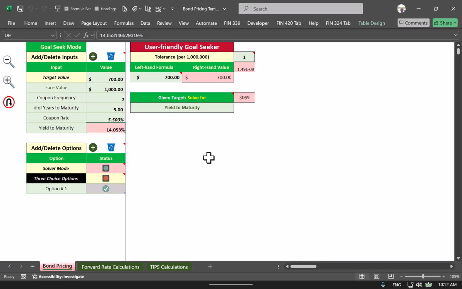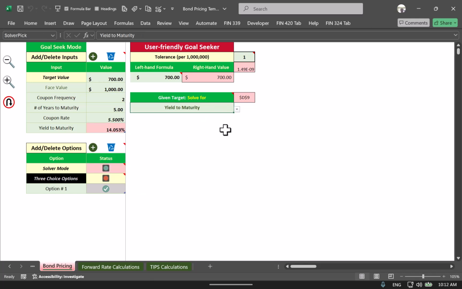That's a shortcut, just like I did for you guys in margin investing. That's a shortcut for Excel to do the goal seek automatically. So anytime I ask you for yield to maturity, given other stuff, just put it in solver mode.